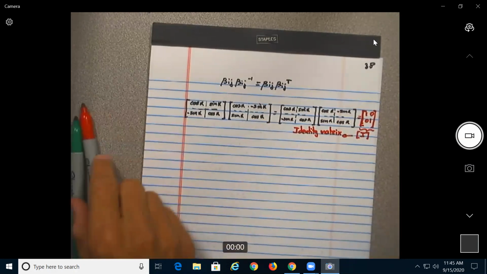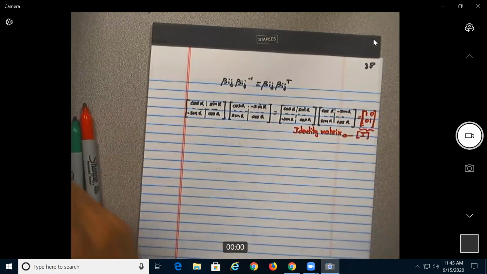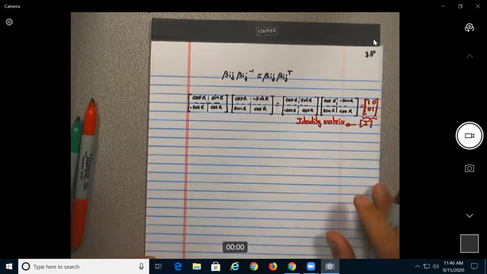Okay, so we did the derivation in 2 dimensions, so let's now generalize to 3 dimensions.